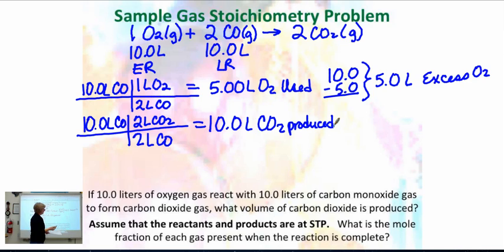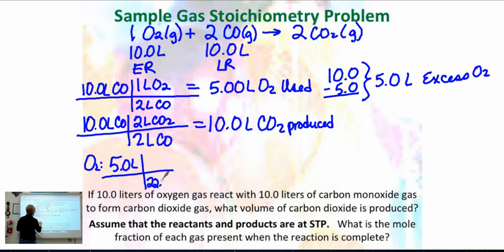So let's figure out the moles of each. For my O2, I have 5 liters, and it's 22.4 liters per mole. So I have 0.223 moles of O2.